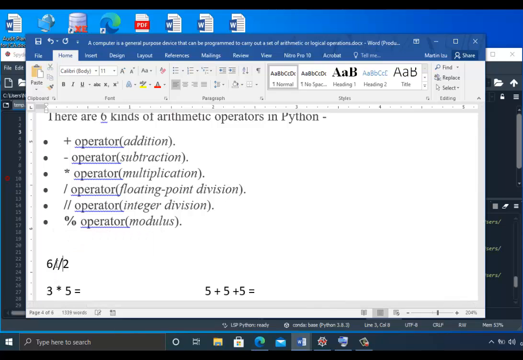This is the integer division operator with respect to Python. When we say 6 divided by 2, or num3 divided by num1, so that we can flow together.